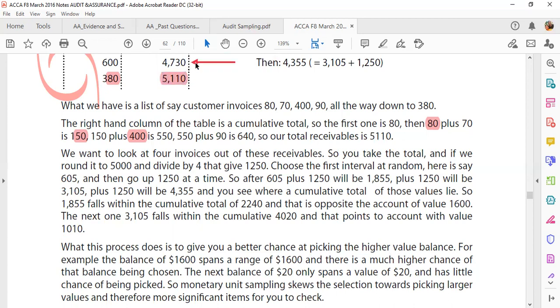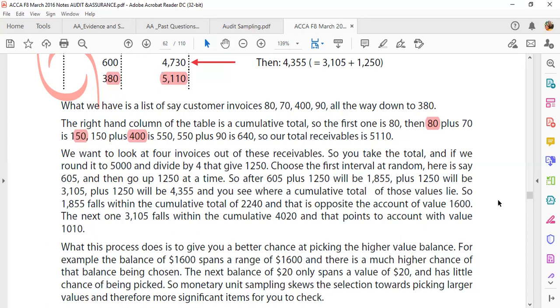If you want to look at four invoices out of those receivables, this invoice relates to a receivable that we sold, but the customer is still yet to pay. We want to look at four out of those receivables. So you take the total, and if we grant it to 500, then divide it by four.